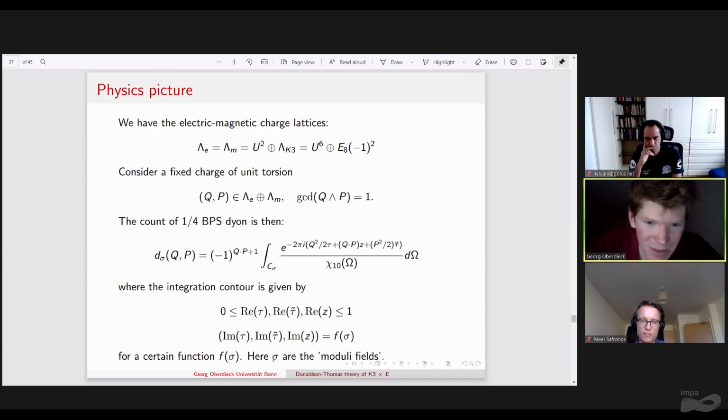I don't review this function here, but there's a precise analog, and the wall crossing of the Fourier coefficient on the right-hand side matches the wall crossing on the left-hand side of this degeneracy.